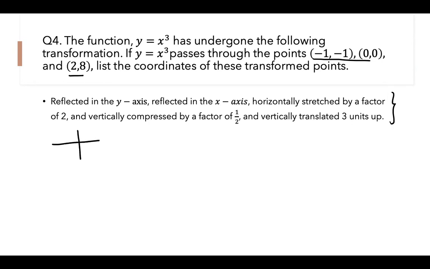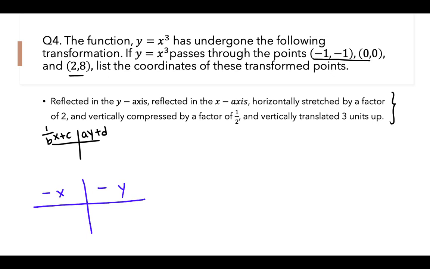So it's going to be (1/b x + c, a y + d). So reflected in the y-axis and reflected in the x-axis. So that means it's going to be negative for x, and negative for y. And then horizontally stretched by a factor of 2.